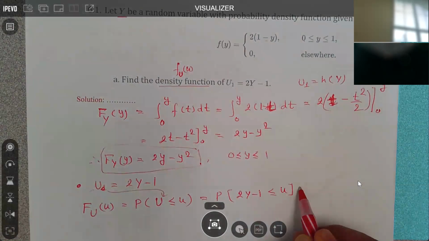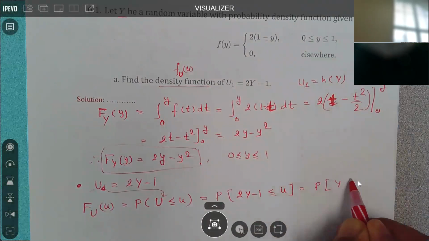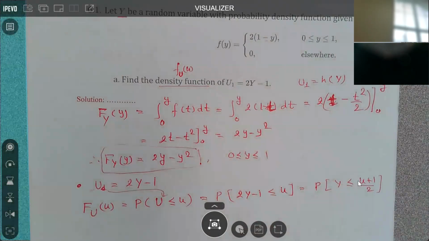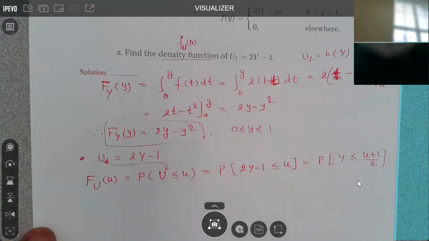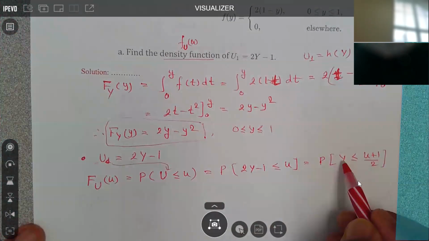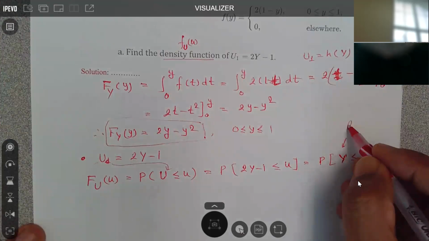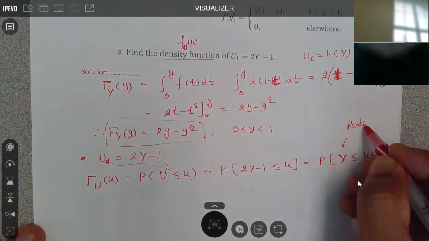Now solve for Y here. Probability that Y is less than or equal to (u plus 1) over 2, right? Now this is the random variable Y here.